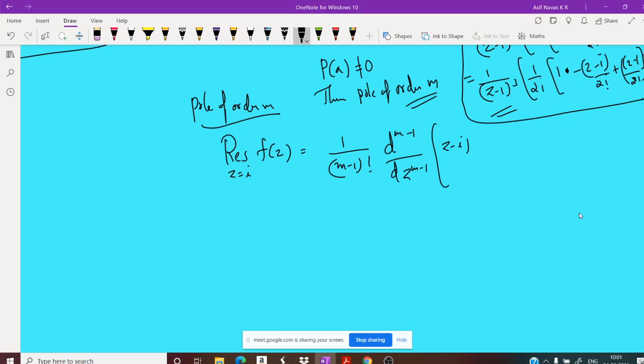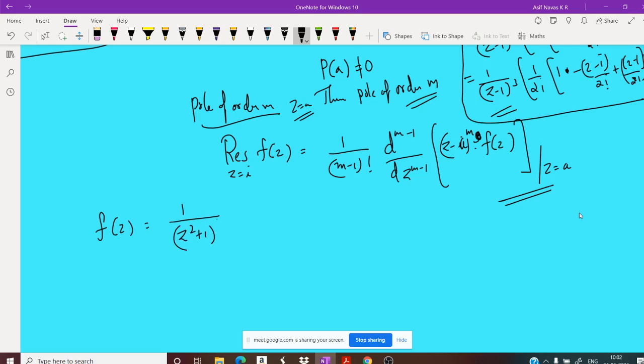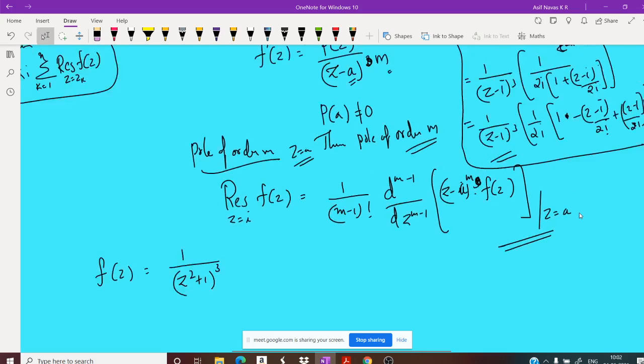If a singularity z equal to a is a pole of order m, the formula becomes 1 by (m minus 1) factorial, derivative of order m minus 1, of (z minus a) all raised to m into f of z, where z equal to a. So this is the residue formula. So here our f of z is 1 by (z square plus 1) all cube.